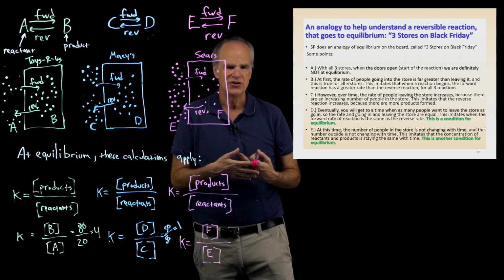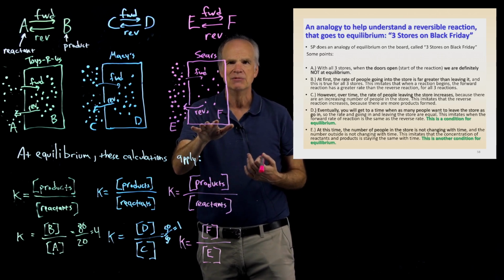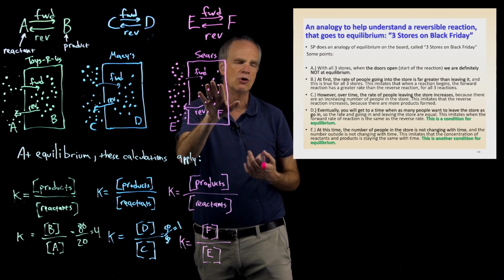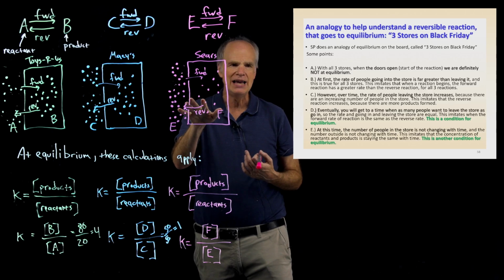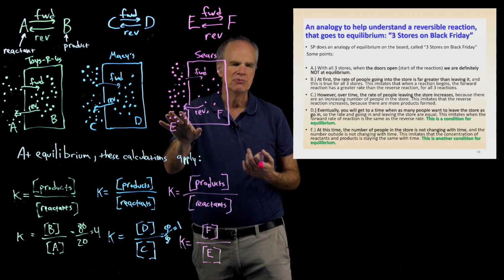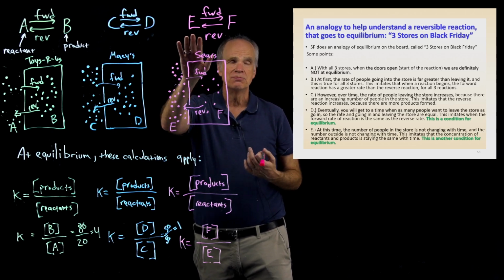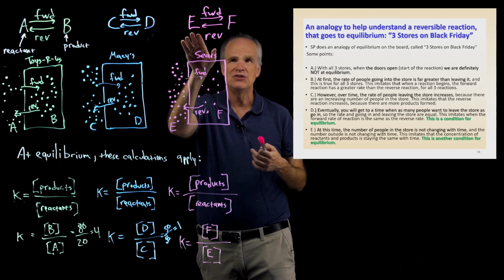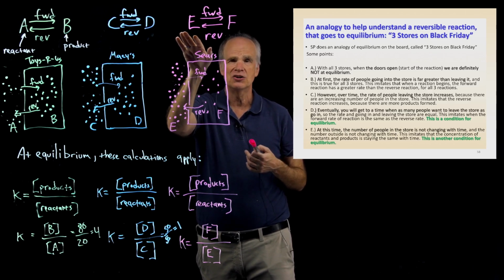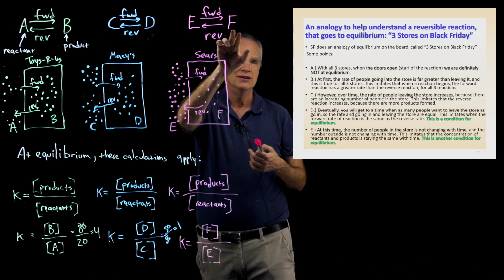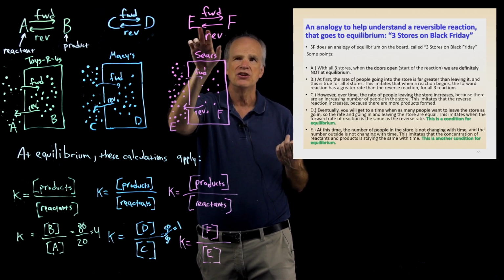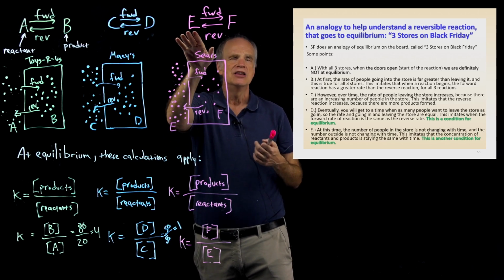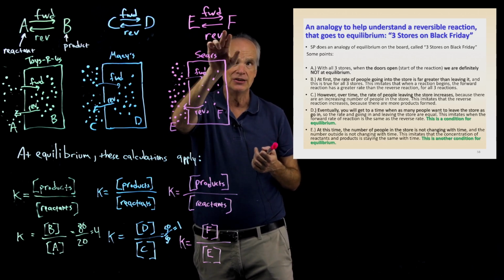But I want you to notice here, it's a little bit different this time. Here we have very few of these people wanting to go in the store. So at equilibrium, most of the people are still outside the store, which implies that you can have this reaction reach equilibrium, but maybe only some E molecules will become F. Then there are a few F, but a lot of them return back to E. So at equilibrium, it could be that we still have a lot of reactants and not so much products.